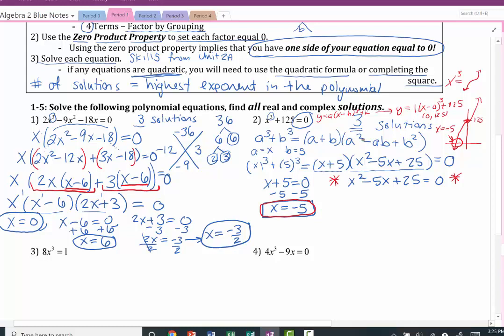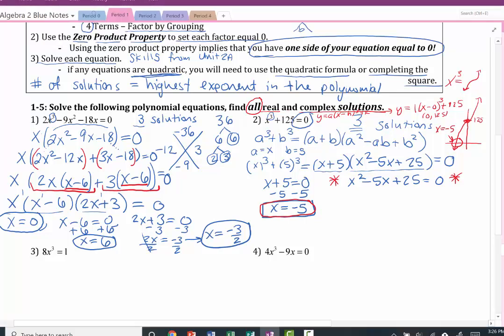That's another reason why when we factor these, we stop here, because we know that this quadratic will never factor. Now, in the instructions earlier, it asked us to find all solutions, both the real ones like -5 and the complex ones, which include numbers with i in them. That'll come from this quadratic part of the sum or difference of cubes formula.